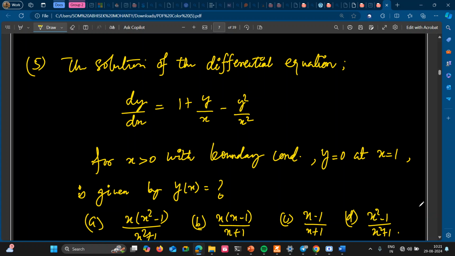Right? The solution of the differential equation you have to find. This is the differential equation with boundary condition y is equal to 0 at x is equal to 1, given by y of x is how much? Try this question.